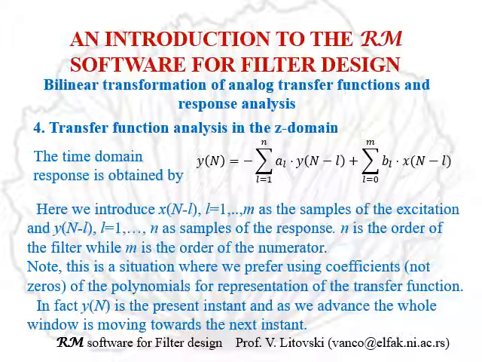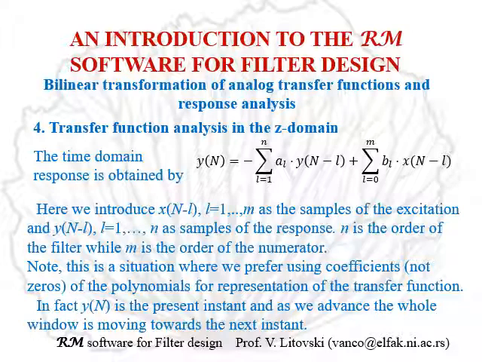When the value for one time instant is calculated, all the x's and y's are shifted by 1, so that the response calculated in the previous instant goes to the right-hand side and a new one is obtained, and so the calculations proceed.